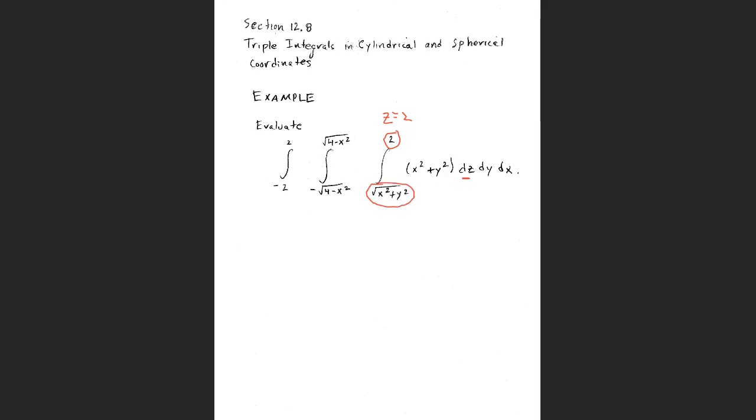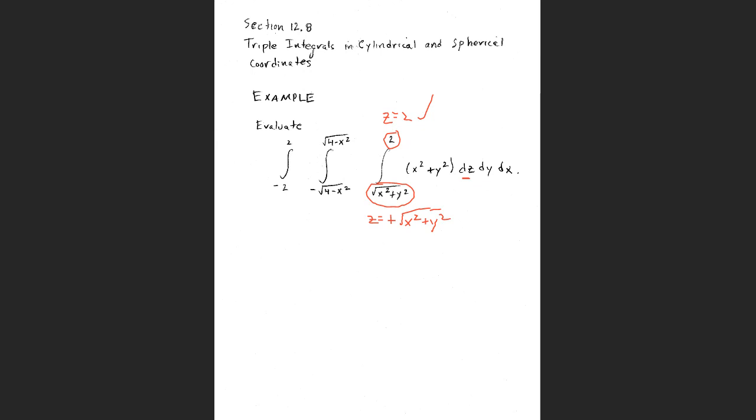All right, let's look at the bottom limit here. This limit is z equals plus square root of x squared plus y squared. Now, what's that going to be? This solid is bounded above by the plane z equals 2, and it's bounded below by the surface z equals square root of x squared plus y squared.